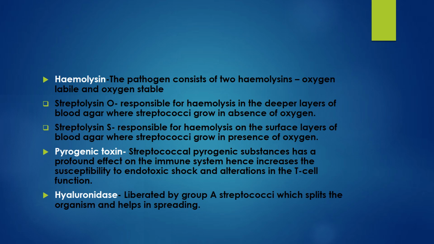Hence, the organism can cause the disease at an increased incidence. Last but not the least is hyaluronidase, which is liberated by group A streptococci, which splits tissue and helps them in spreading and multiplying in human blood, and hence they can cause the disease at a greater incidence.